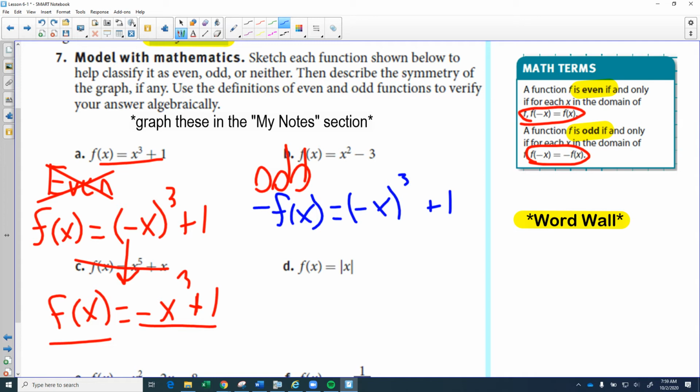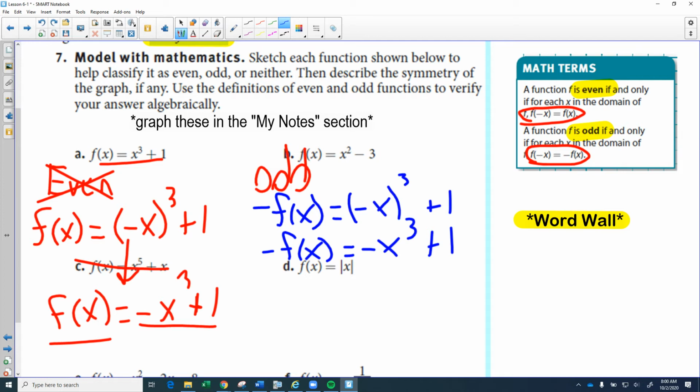And I want to look at those and say, is this going to be a negative or a positive answer? Well, there's kind of a problem with this. If I work this out, this is going to be negative f of x equals negative x cubed plus 1. So we're close. We have a negative x and we have a negative x cubed.